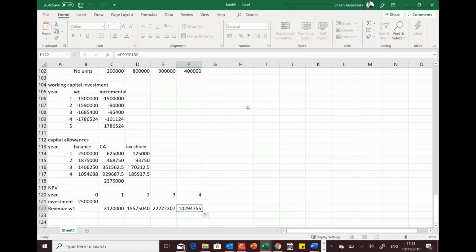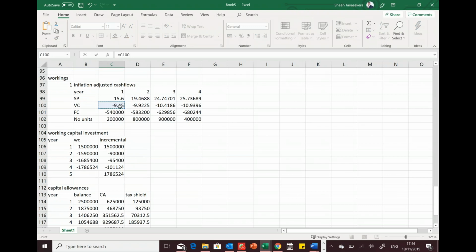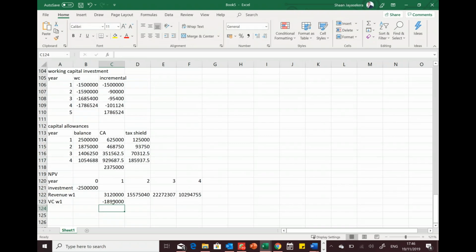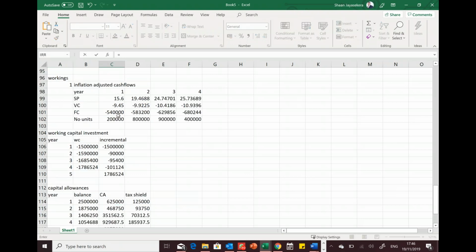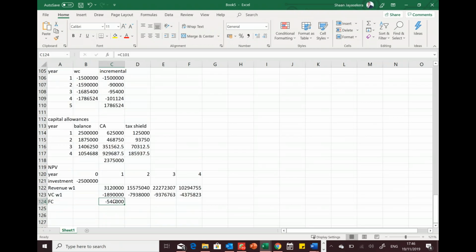Right. My variable cost, again, working one, that should be equal to that variable cost into the number of units. Just drag that across. My fixed cost, this should be equal to, well, I have that figure here, so that I can now just drag that across.